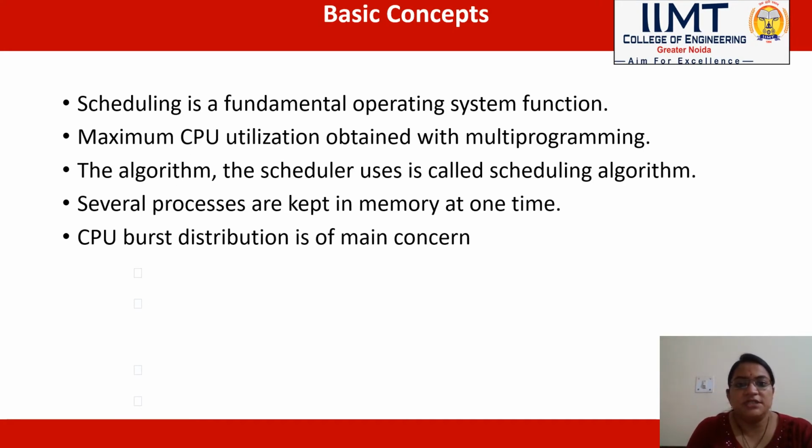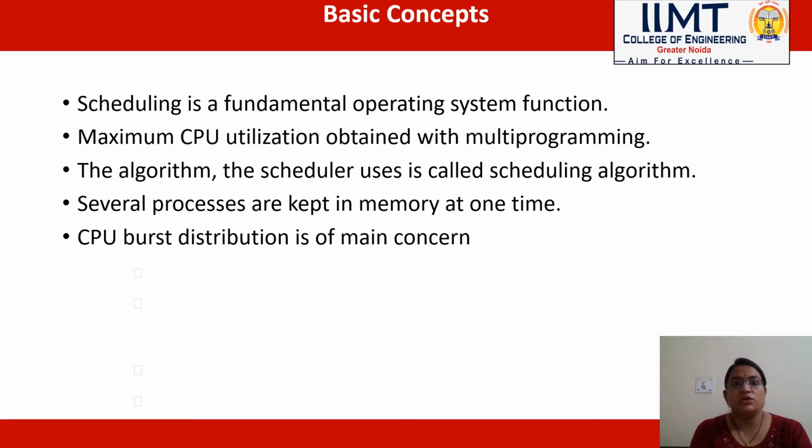So these are the basic concepts of CPU scheduling. Scheduling is a fundamental operating system function. Multi-programming increases the CPU utilization. The algorithm the scheduler uses is called the scheduling algorithm. Several processes are kept in memory at one time, so CPU burst distribution is of main concern.